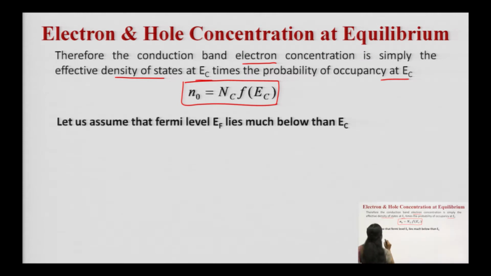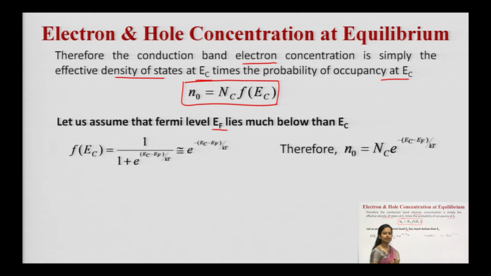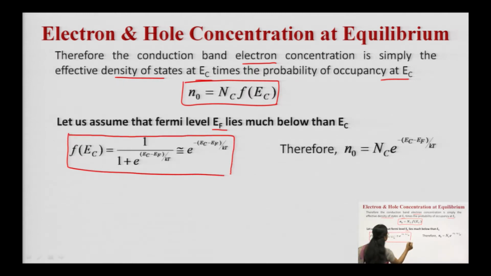Now, let us assume that the Fermi level EF lies much below EC. It means there is a huge difference between EC and EF. At the same time, you know what F(EC) is? This is nothing but 1 upon 1 plus e raised to the power (EC minus EF) upon kT.